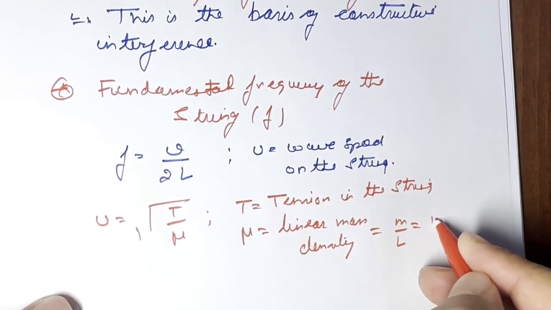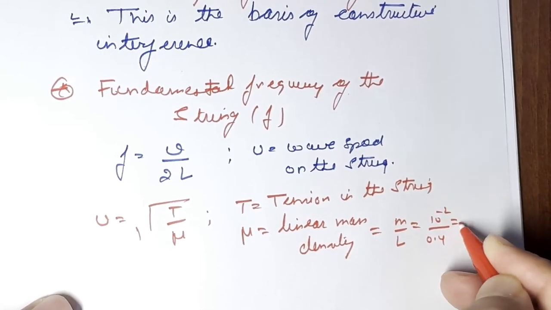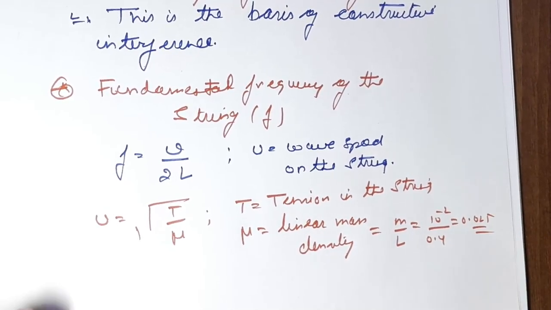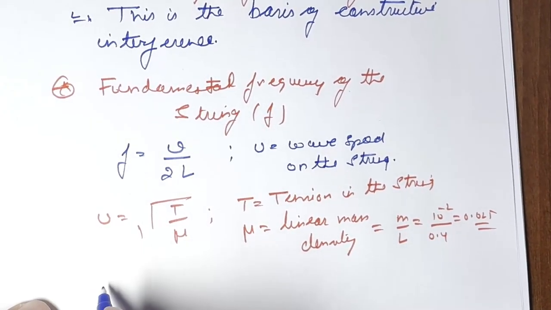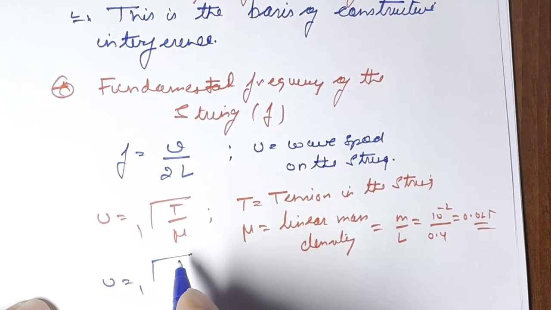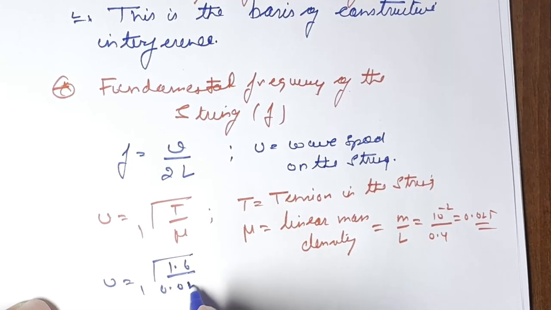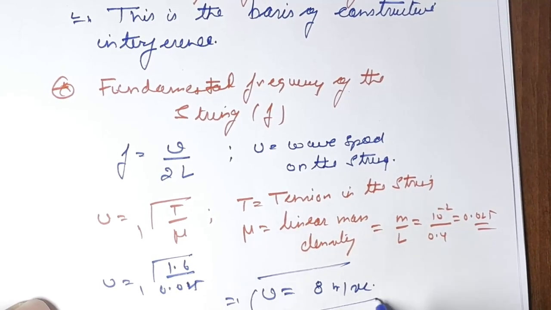Mass is given as 10 to the power minus 2 and length is given as 0.4, and this comes as 0.025. So v is the square root of 1.6 divided by 0.025. This gives us v equal to 8 meter per second.